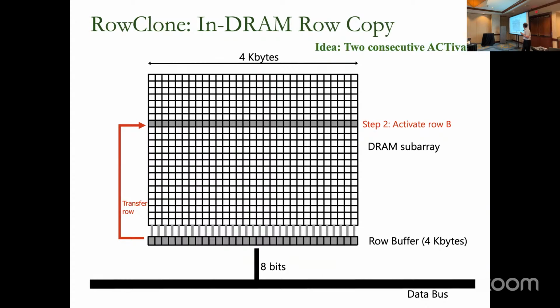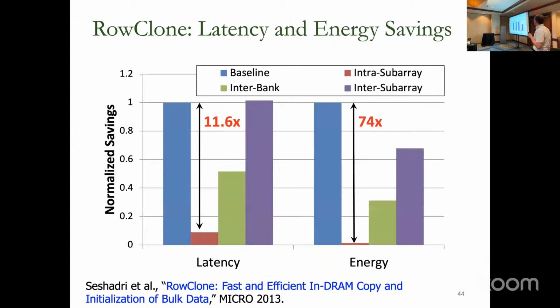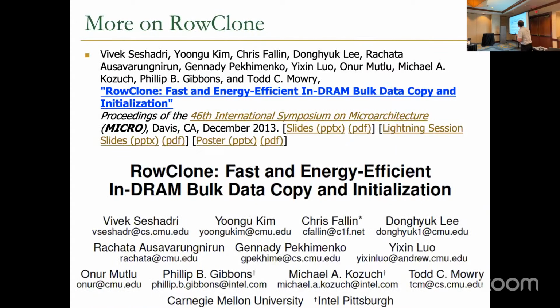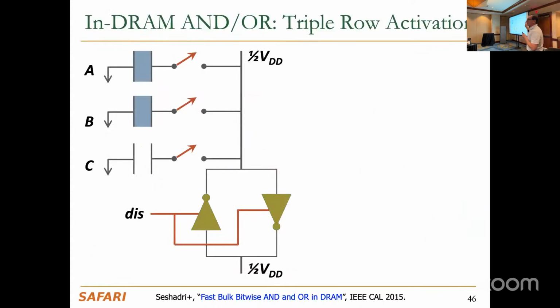So by doing 2 consecutive activates with negligible hardware costs, you can do this copy. And we showed in our 2013 paper that this significantly accelerates copies. And at the application level, assuming you solve some of the system level issues that I'm not going to talk about, but we should be cognizant of and we should be solving, importantly, you can get significant system level benefits. Okay, so that's RowClone. Now let's talk about computation.